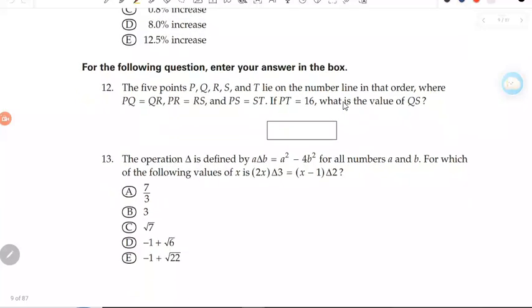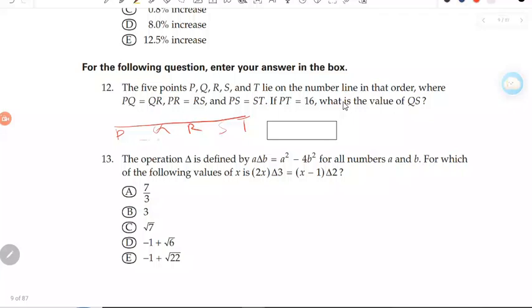Number 12. The 5 points P, Q, R, S, and T lie on the number line in that order, where PQ equals QR, PR equals RS, and PS equals ST. If PT is, let's see, P, Q, R, S, T. PQ equals QR.